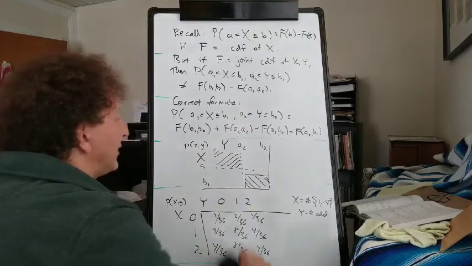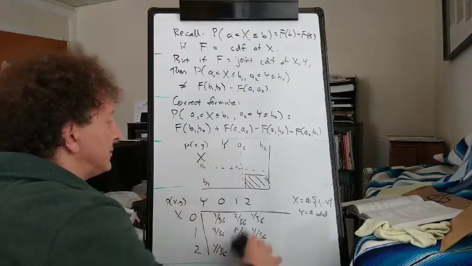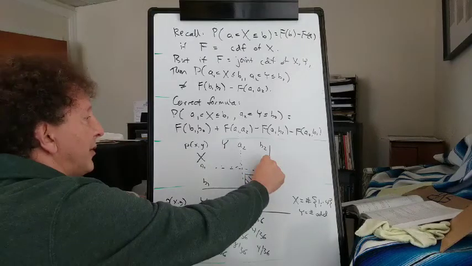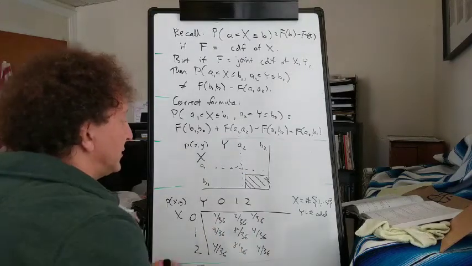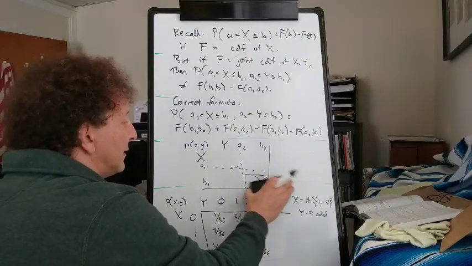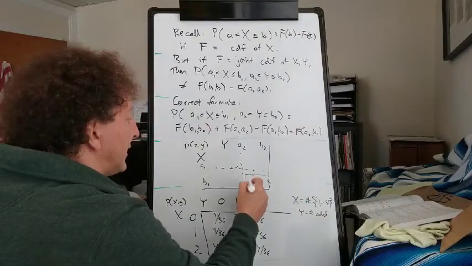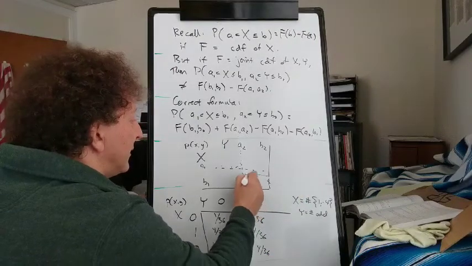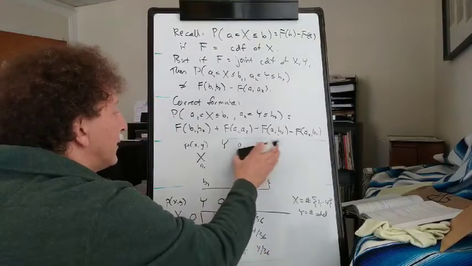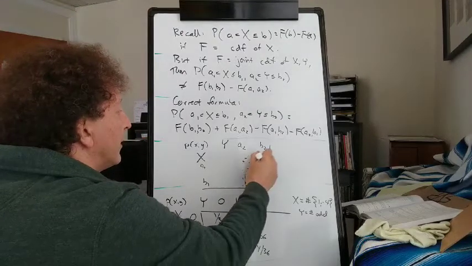So the right way to do that is to take the sum of everything in the table, all the probabilities, and then we subtract off, so let's take the sum of the dotted region. So this, the whole thing.